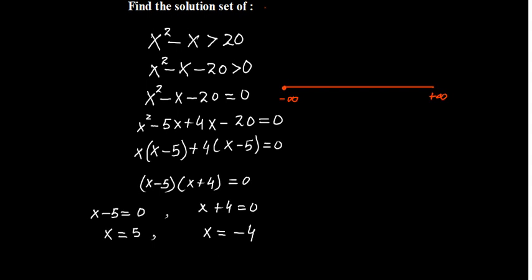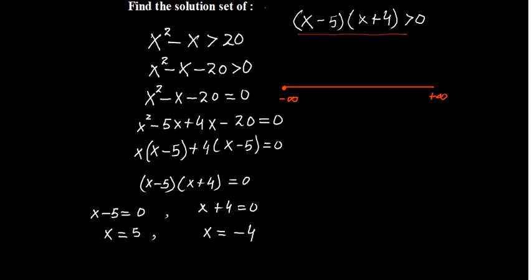Before doing that, we can arrange the factors that we have made, like x minus 5, x plus 4, that should be greater than 0. So these two factors will be very useful for us.